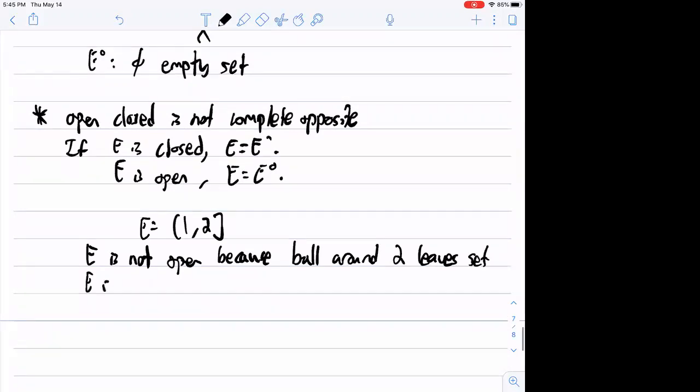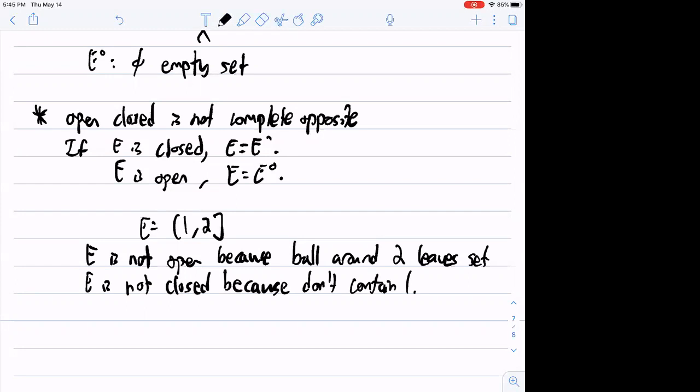But E is not closed because you don't contain 1, right? Yeah, so taking complements, the complement of open is closed, but taking complements is not exactly opposite, right?